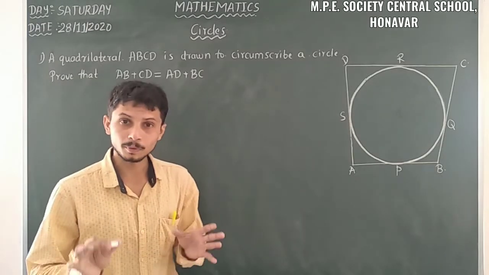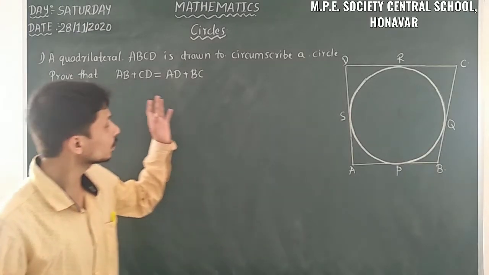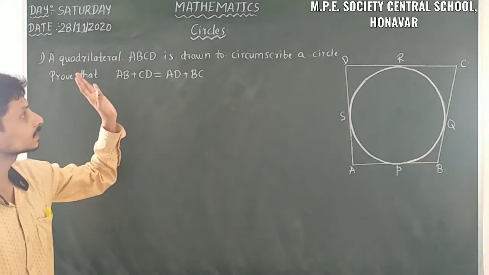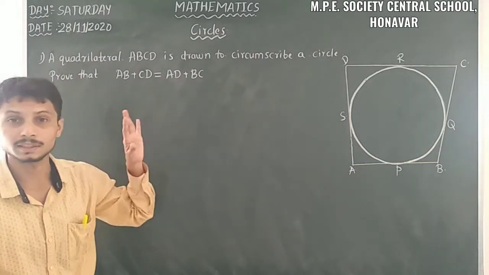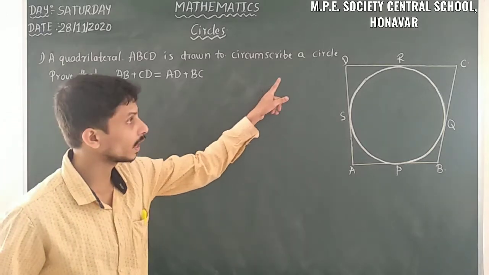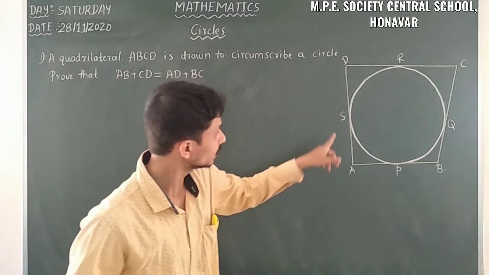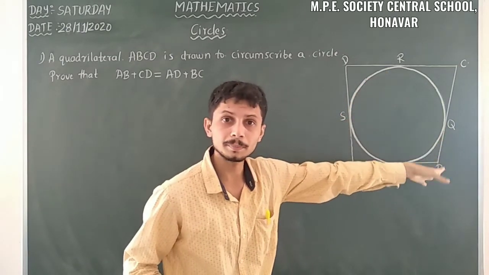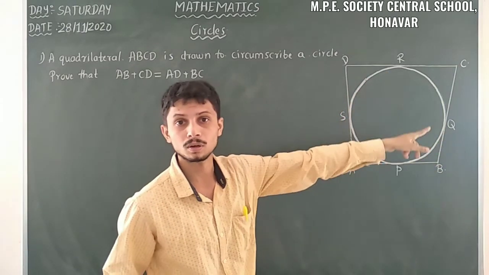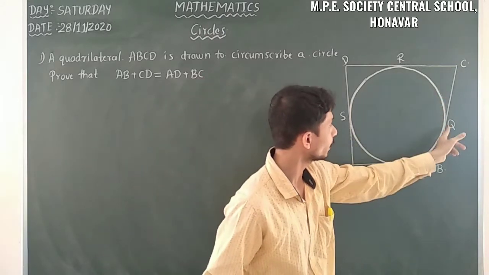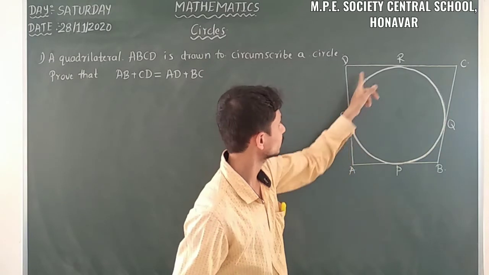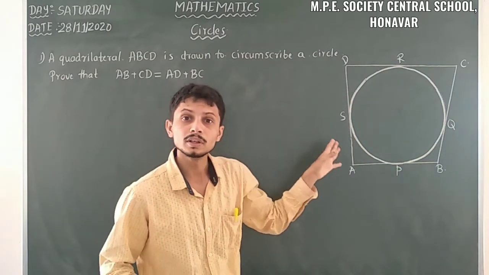Let us move on to the first problem of this video. Just observe the problem: a quadrilateral ABCD is drawn to circumscribe a circle. That means inside the quadrilateral we have a circle. It touches the perimeter of this quadrilateral, so it touches here, here, here, and here.